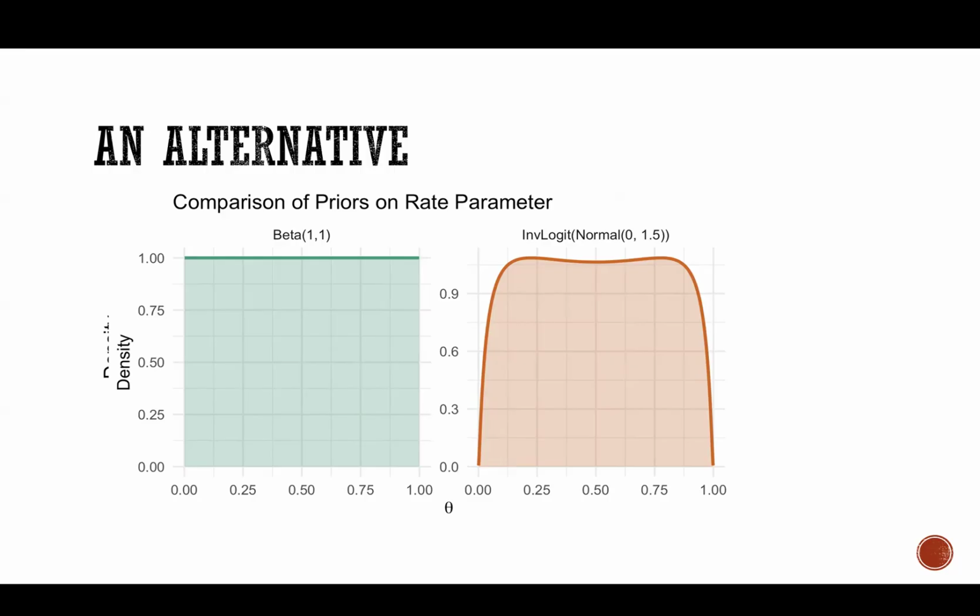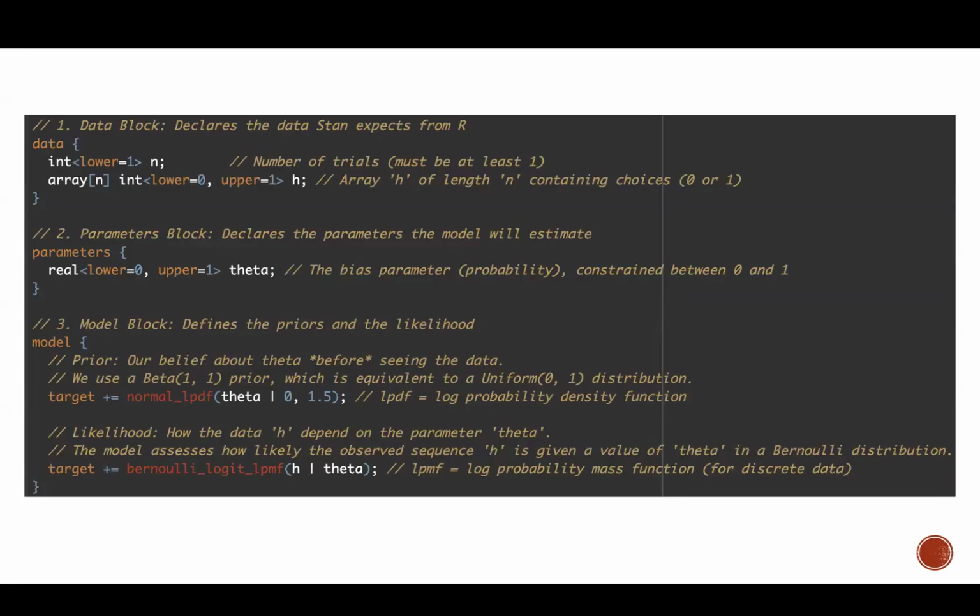So if we wanted to use that other parameterization with log odds and normal priors, this is how it would look like. In target, here for the prior, we have a normal log probability density function with a mean of 0 and a standard deviation of 1.5.